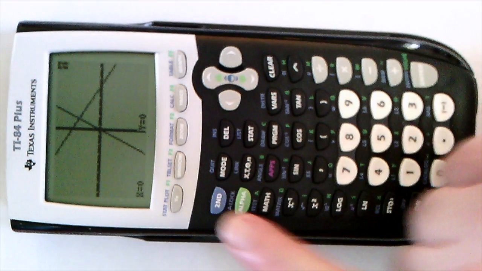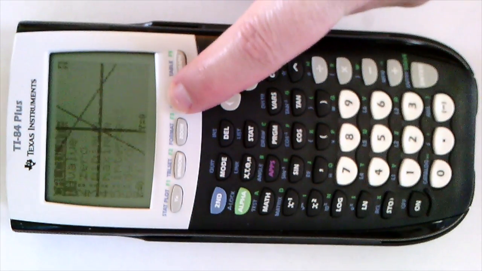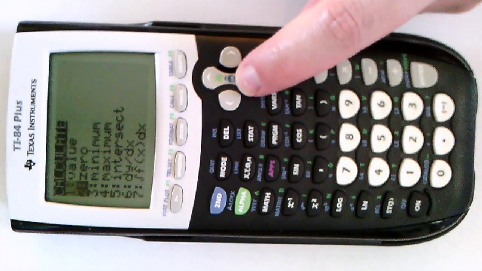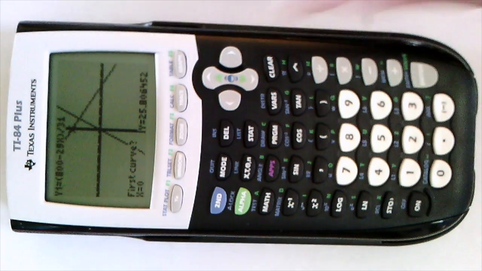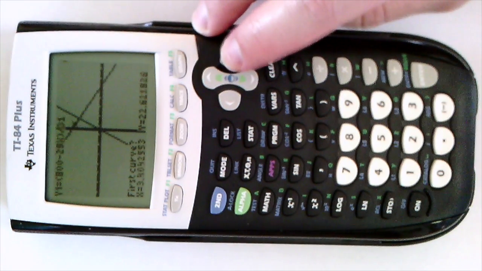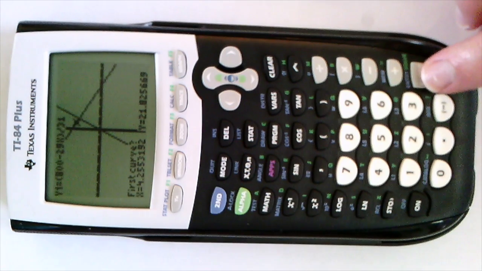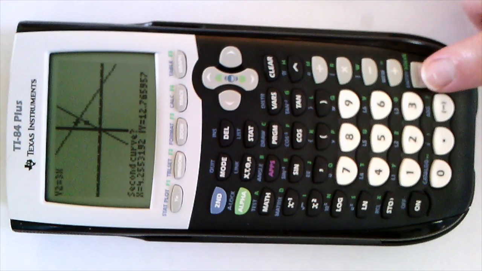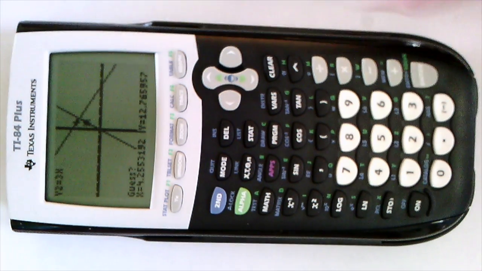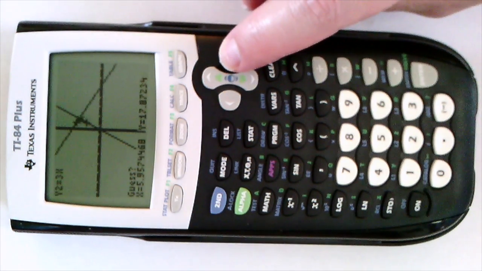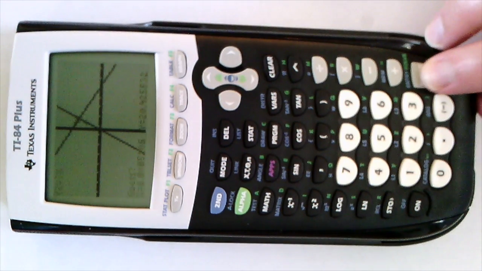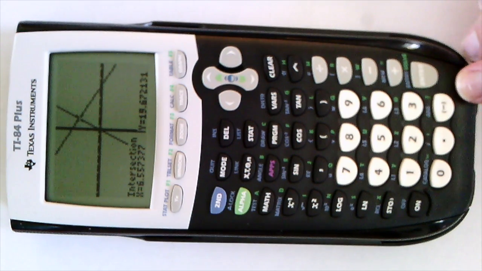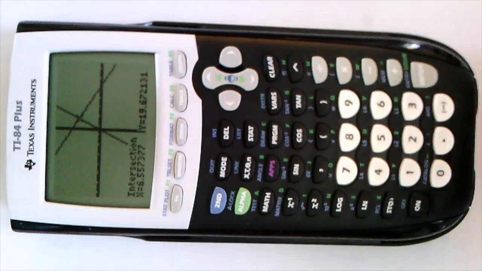So hit second and calc. Scroll down to intersect. And now we follow the instructions on the calculator. We select the first curve, or the first line in this case, and then we select the second curve, and now it asks for a guess, so we'll move the pointer close to where the intersection is and hit enter again, and now we can see the answer.